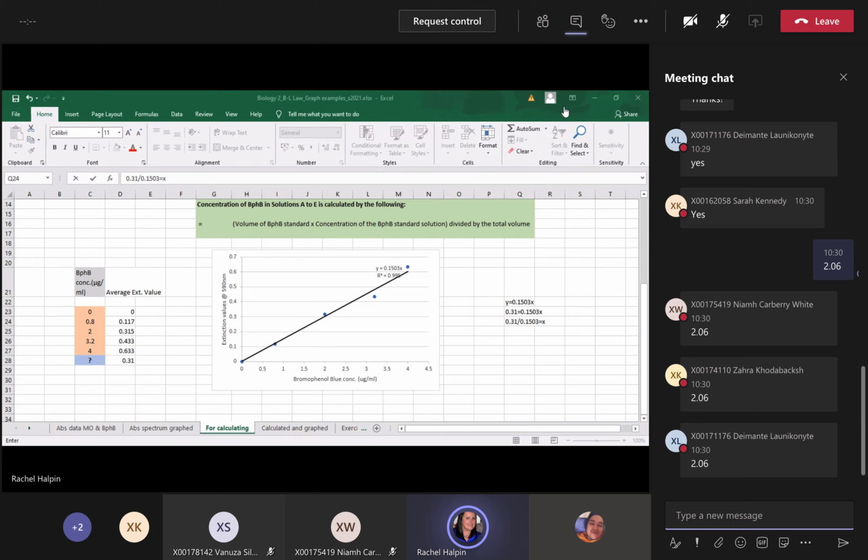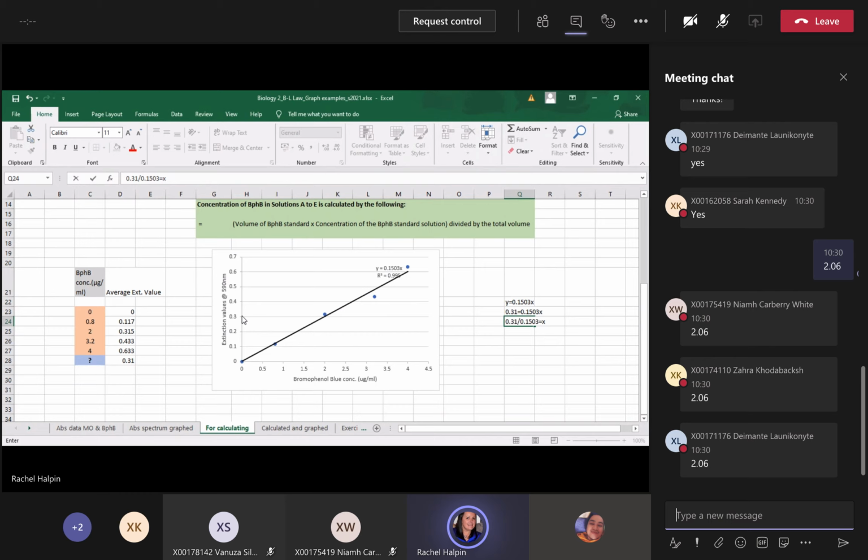So if you kind of round that down to just 2, we're lucky that we have a data point that's 2. So we know that the extinction value for that bromophenol blue concentration is the same. So that kind of suggests that your data is good. So if we go to the extinction values, just look at the y-axis for a minute. The extinction value is 0.31.